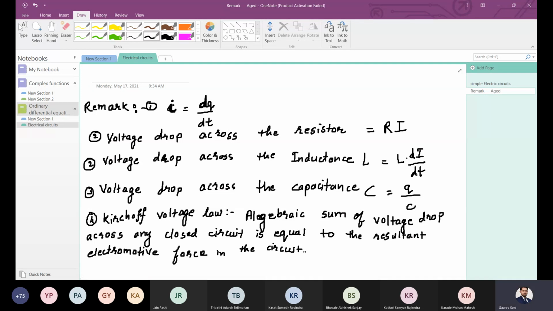Okay. So whenever we will have an electrical circuit, say, which has a resistance R and an inductance L, then using this law we will form the differential equation out of it. If in a circuit we have a resistance and a capacitor, then we will have our differential equation using the Kirchhoff's voltage law.